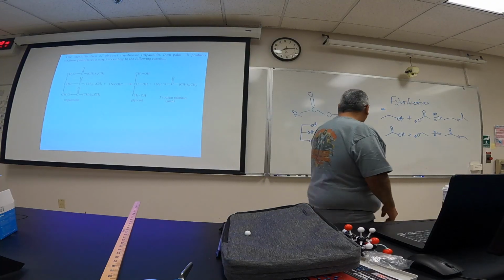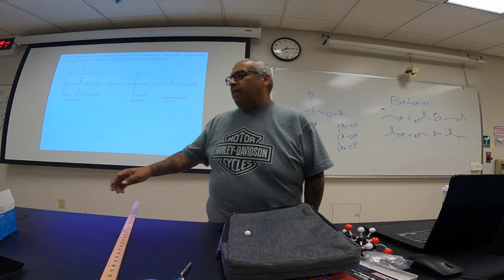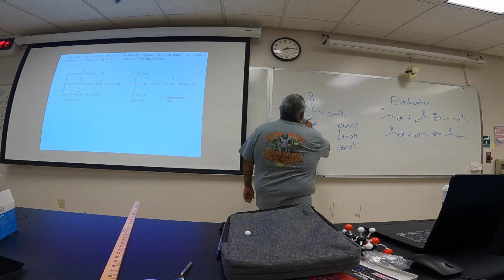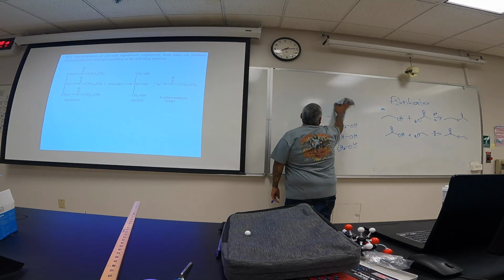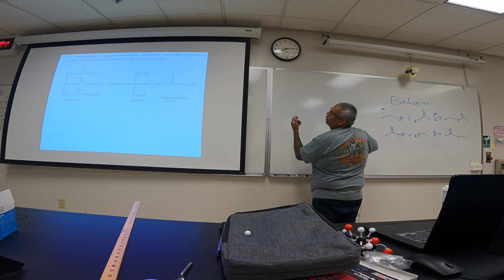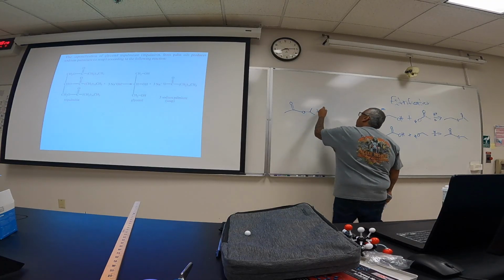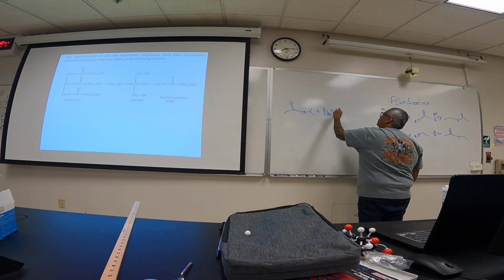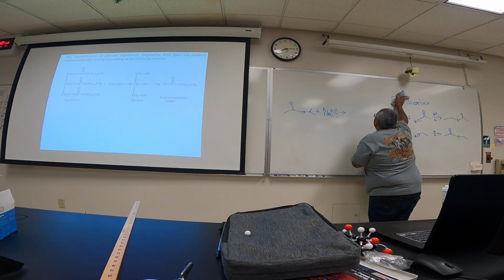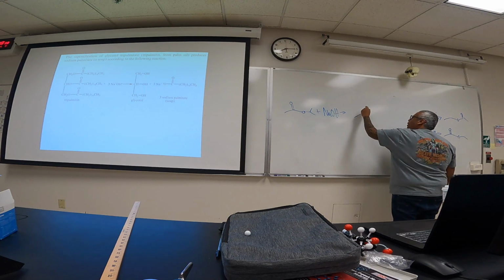This is a similar reaction to what we called base hydrolysis in organic chemistry. So if you recall base hydrolysis, we take some ester, we add a strong base to this, and we break that apart.